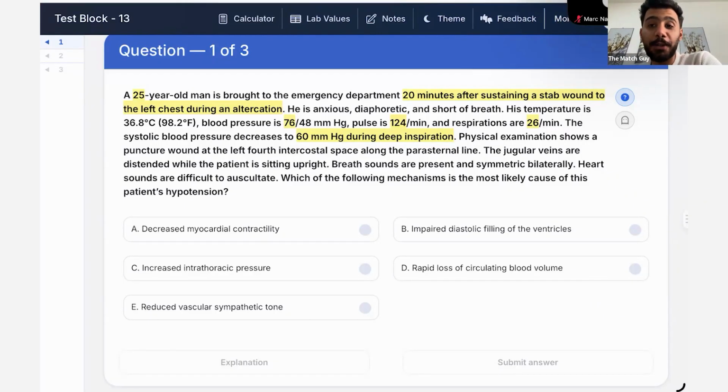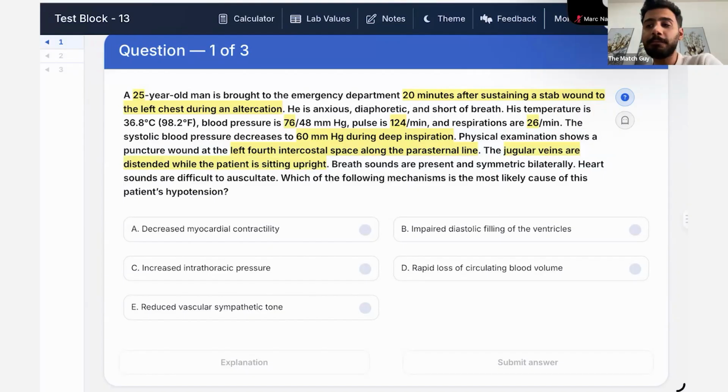Physical exam shows a puncture wound in the left fourth intercostal space along the parasternal line. So yeah, this is exactly anterior to the heart. So probably this stab wound has punctured the heart in some way, or maybe the lining around the heart. The jugular veins are distended while the patient is sitting upright. What did we say that means?